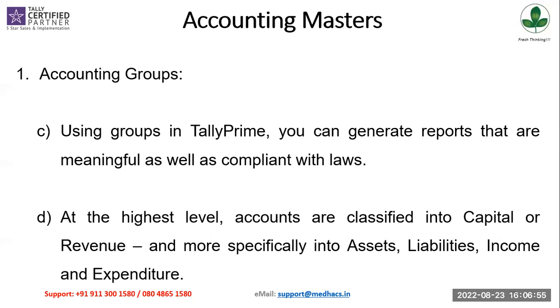And these primary groups are ultimately classified under capital or revenue. If it is capital, it is further classified as either liabilities or assets. And if it is revenue, it is shown as either income or expenditure.